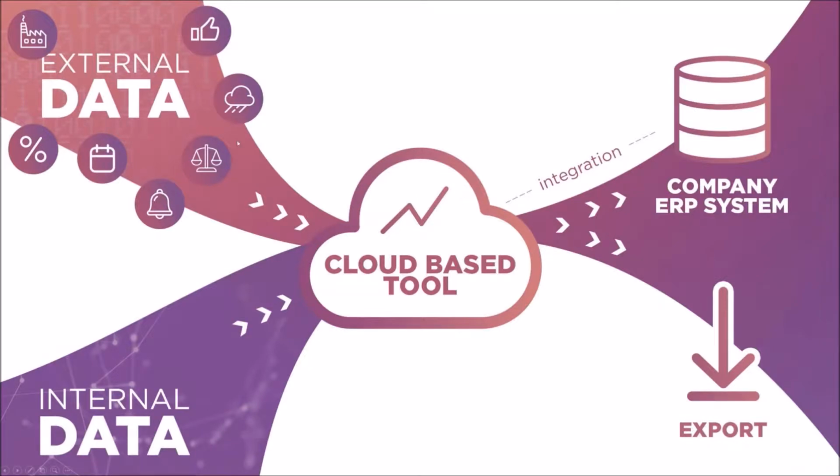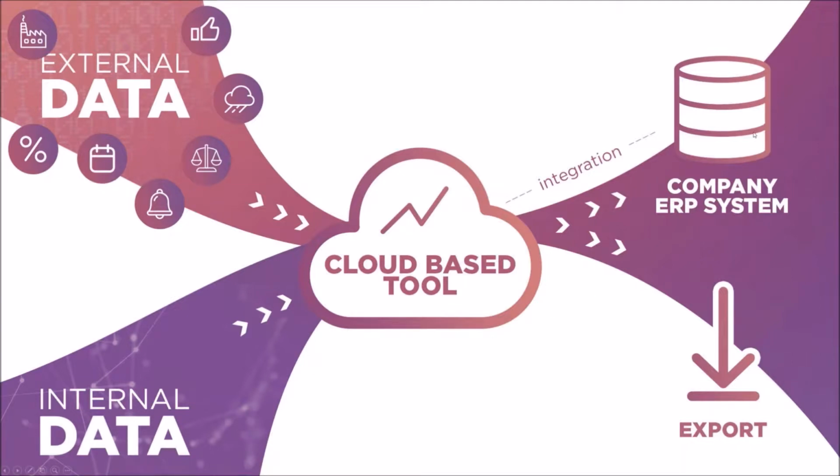So here again, we collect external data. You can also have internal data. Lots of companies buy data from market research companies. There are well-known research agencies for the automotive industry who also make available forecasts on where the automotive industry is going over the next few months and years. You can also include your internal data.